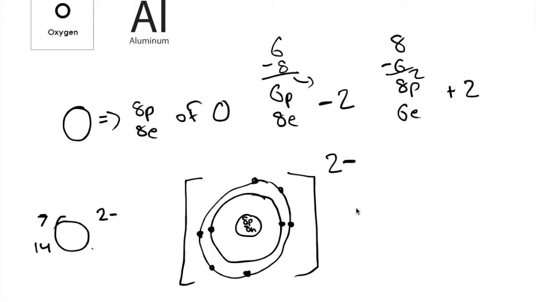So let's take boron into consideration. Boron has an atomic number of 5. So let's do the Lewis dot diagram, which would look something like this.